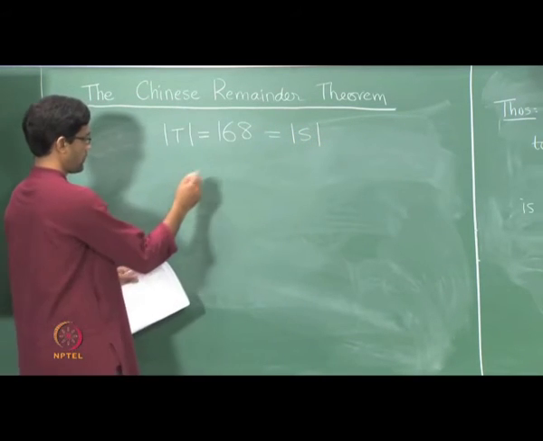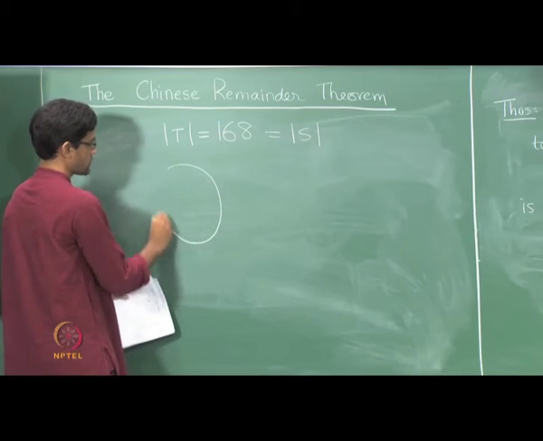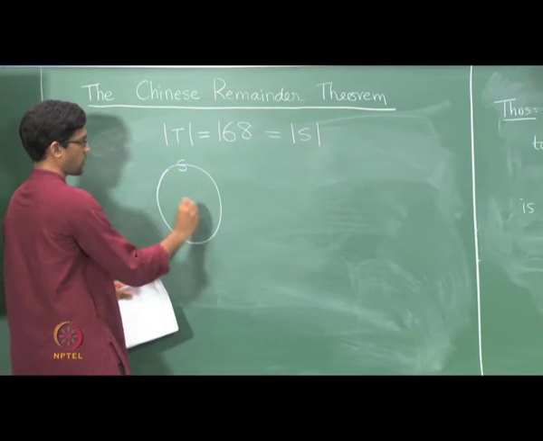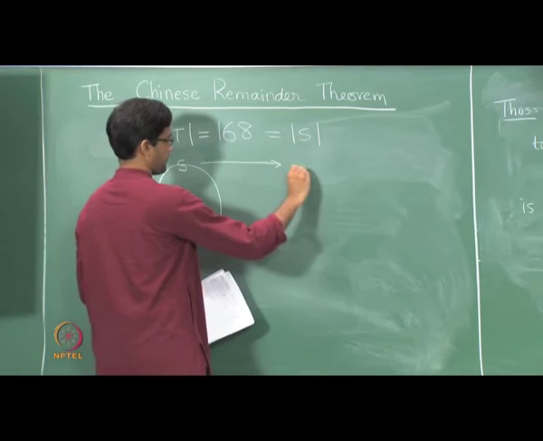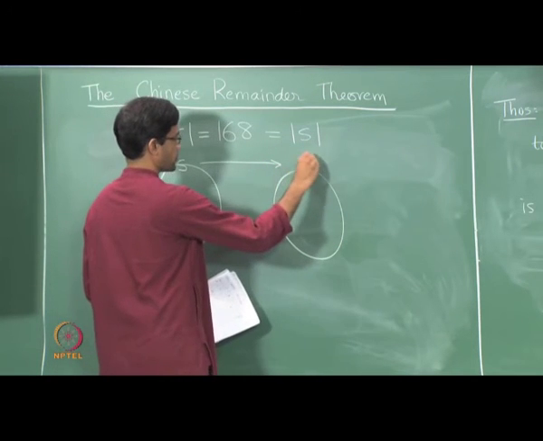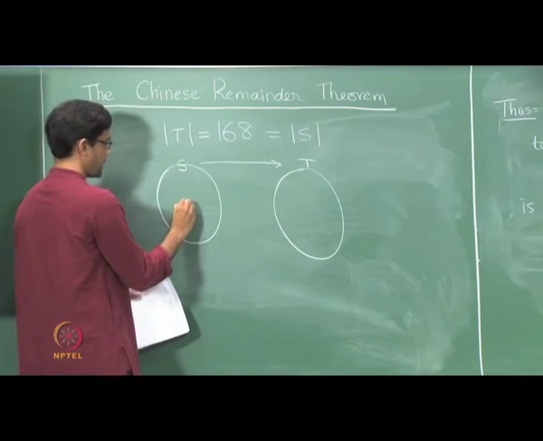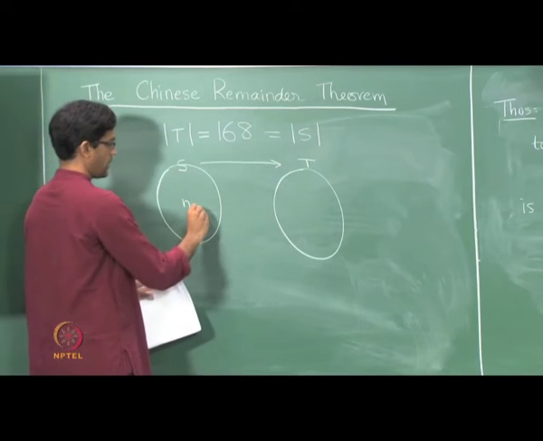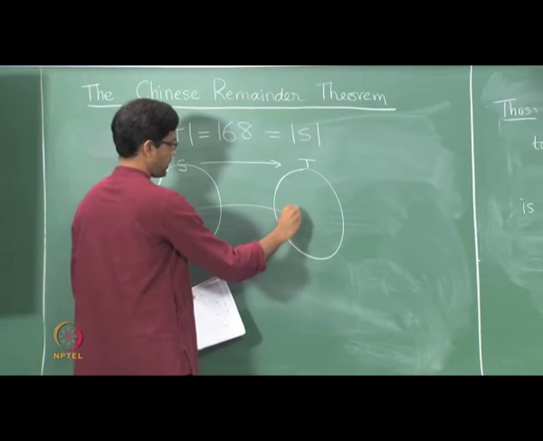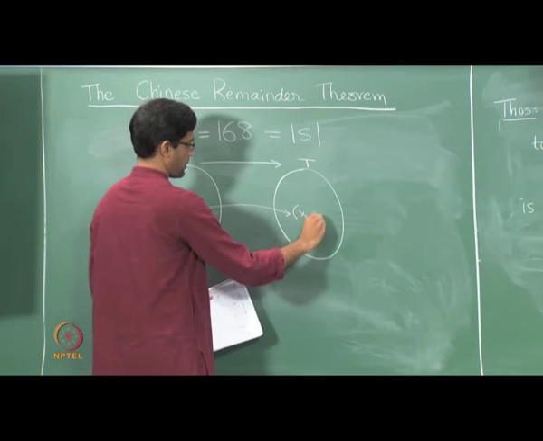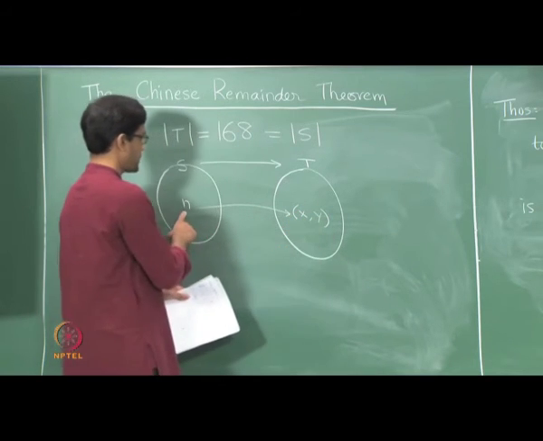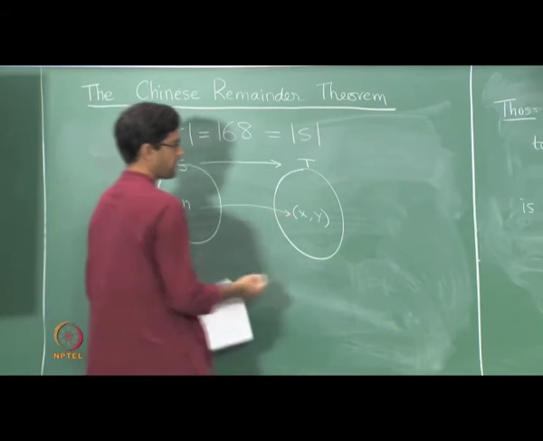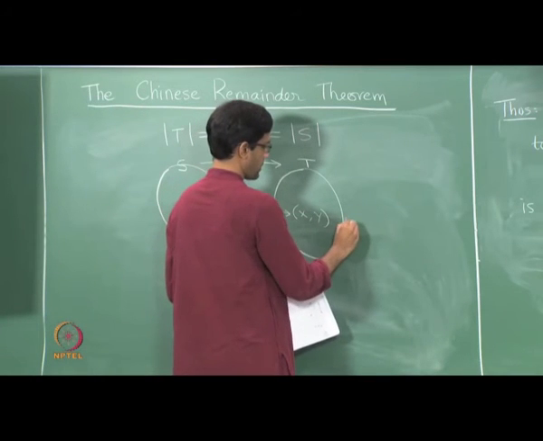And now what we are doing here by means of this table or this encoding that I'm just talking about is defining a map. So here's the encoding map, if you wish, which is doing the following. It's taking any number between 1 and 168 and encoding it by a pair of numbers x and y, where what is x? It's the remainder that you get on division by 8. Y is the remainder that you get on division by 21.